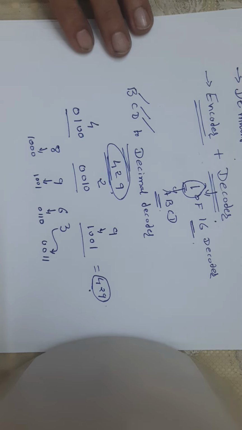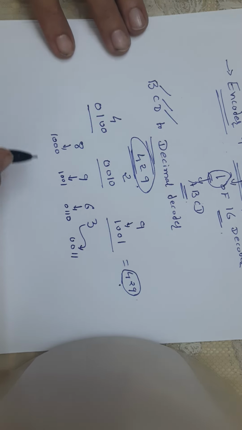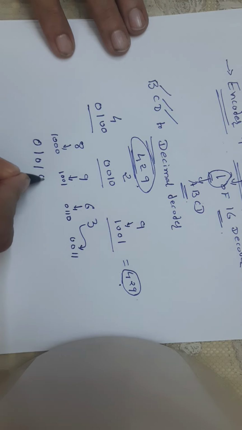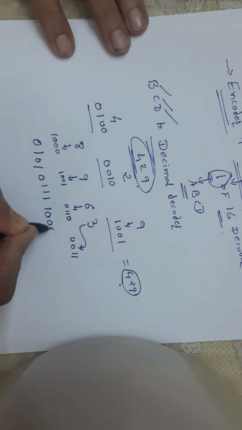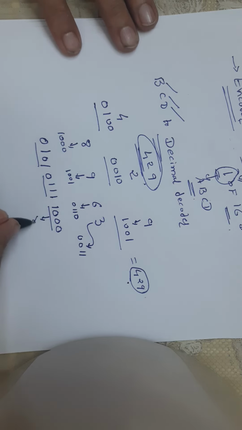Here is an example of how to convert from the BCD form back to the decimal number. If our binary number is 0101 0111 1000, we convert it into 4 bits groups. The equivalent of the first is 5, the equivalent of the second is 7, and the equivalent of the last is 8.